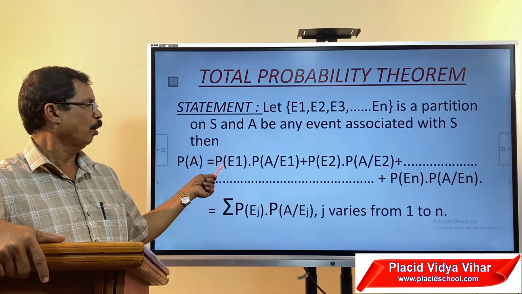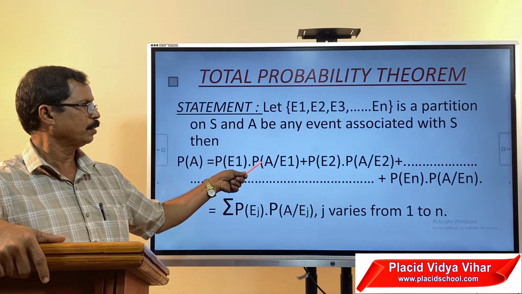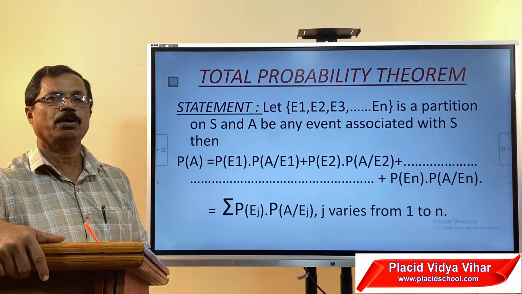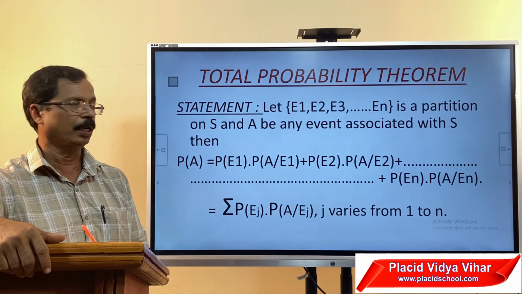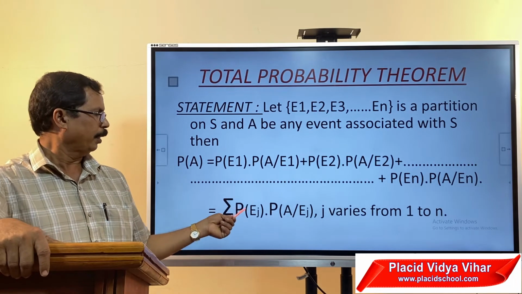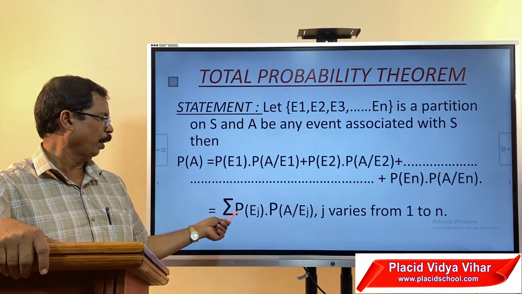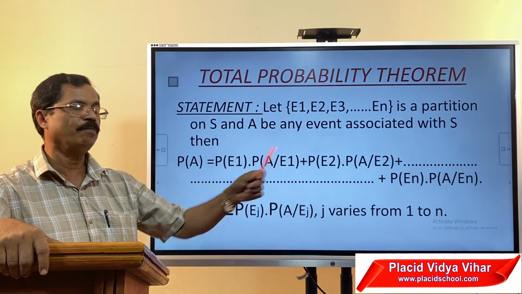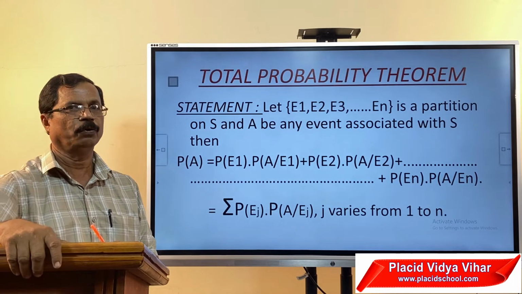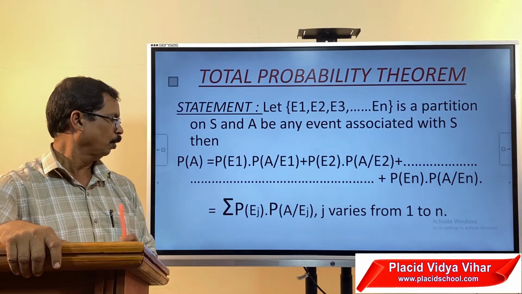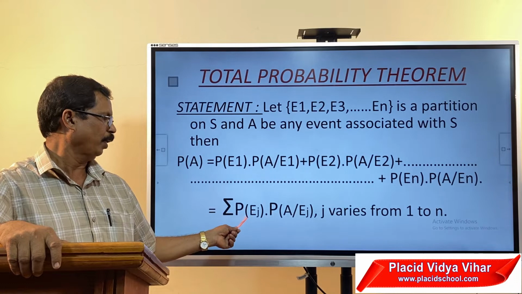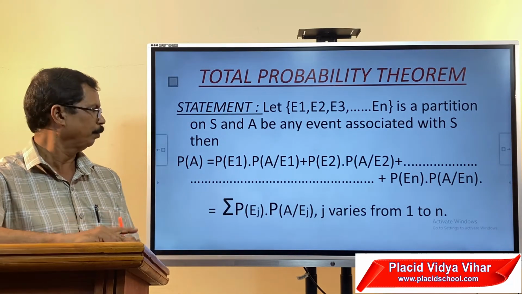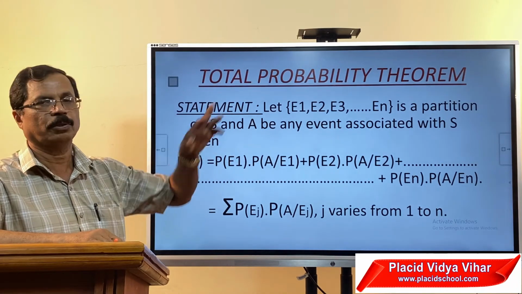It can be written as summation sigma P of Ej into P of A given Ej, j varies from 1 to n. That is the compact form of the above statement. So this is the statement of the total probability theorem.